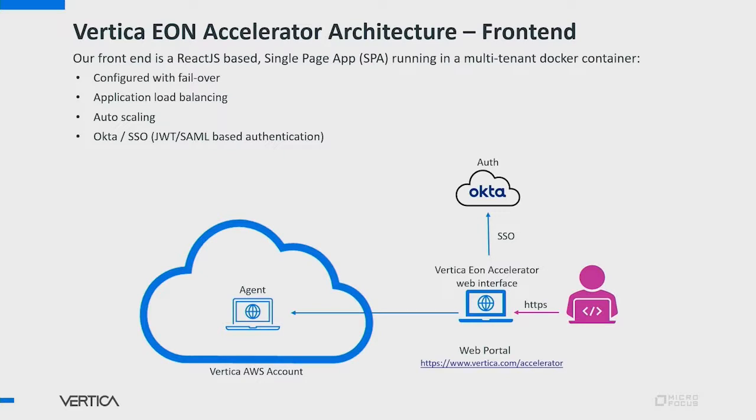It's a multi-tenant web app. It's configured with failover behind an application load balancer. It is set to autoscale, and we use Okta single sign-on, which is very simple Java token technology for authentication. It's a pretty simple industry standard design for making web applications.